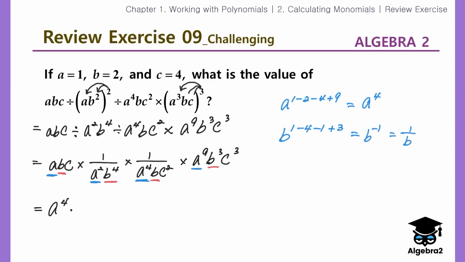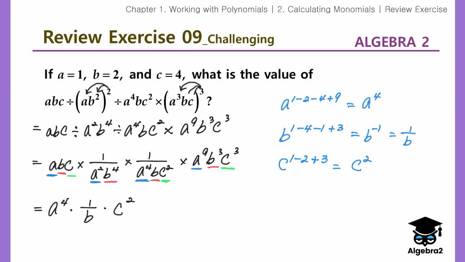So times 1 over b. Finally, c, we have c, 1 over c squared, c cubed, right? So for c, 1 minus 2 plus 3. So that's going to be c to the power of 2, right? c squared. So times c squared.